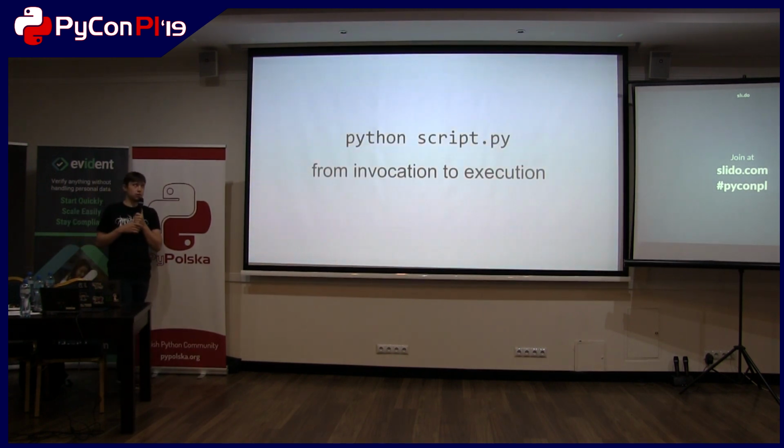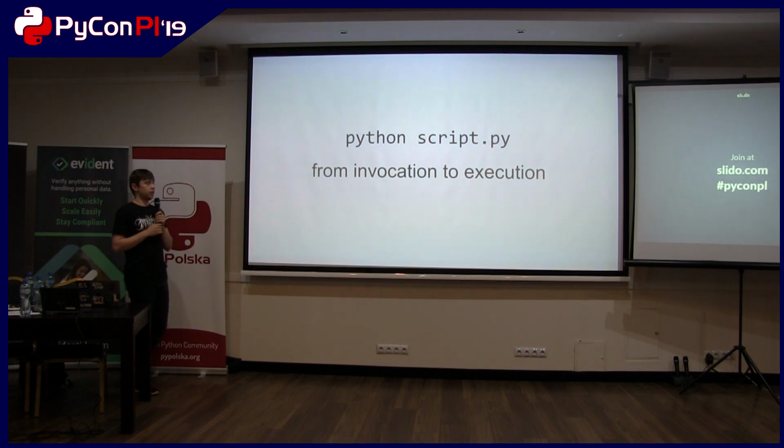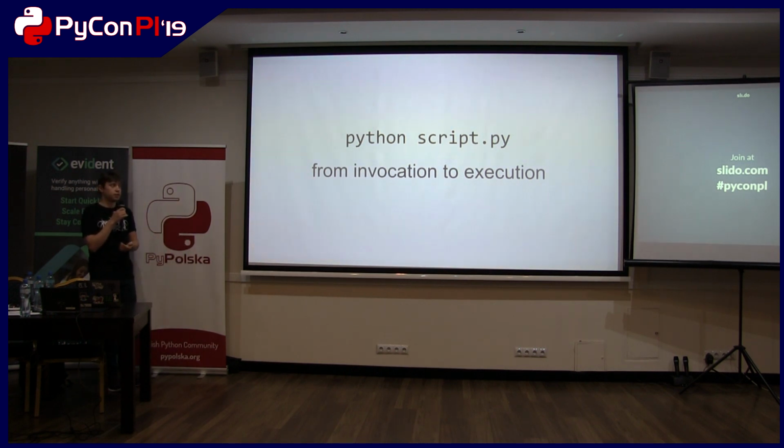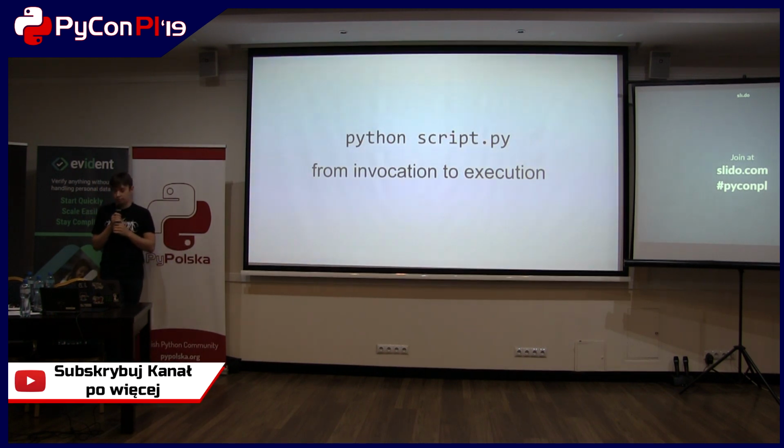So let's look at a bit simplified flow of invocation to execution of a given Python script. So what happens when you are doing python script.py? This will be on a high level, because whenever you're executing python script.py, the Python interpreter, or the binary or the process, starts, parses the arguments, then initializes itself. There's a lot of logic that happens there.